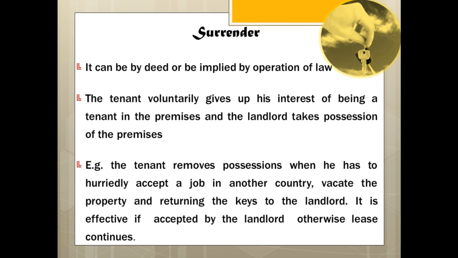For instance, the tenant removes possession from the leased property when he has hurriedly accepted a job in another country, vacates the property and returns the keys to the landlord. It is effective though if the landlord accepts, otherwise the lease continues.